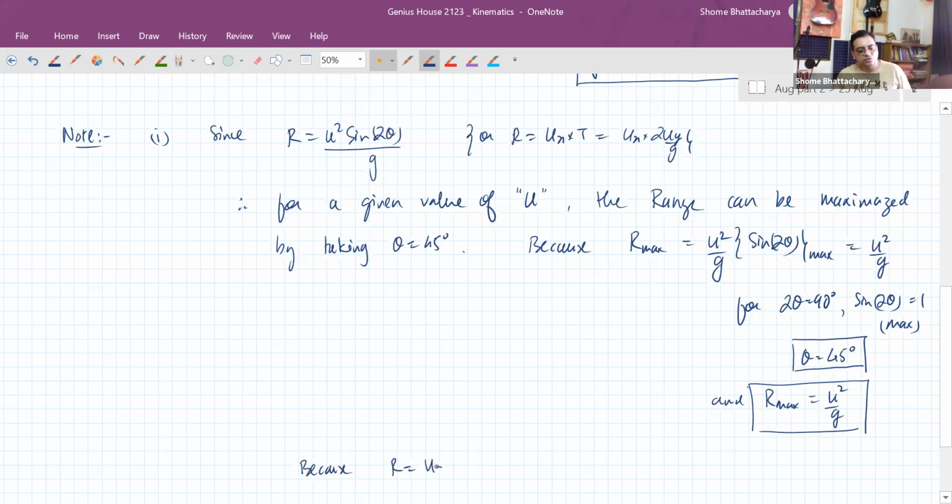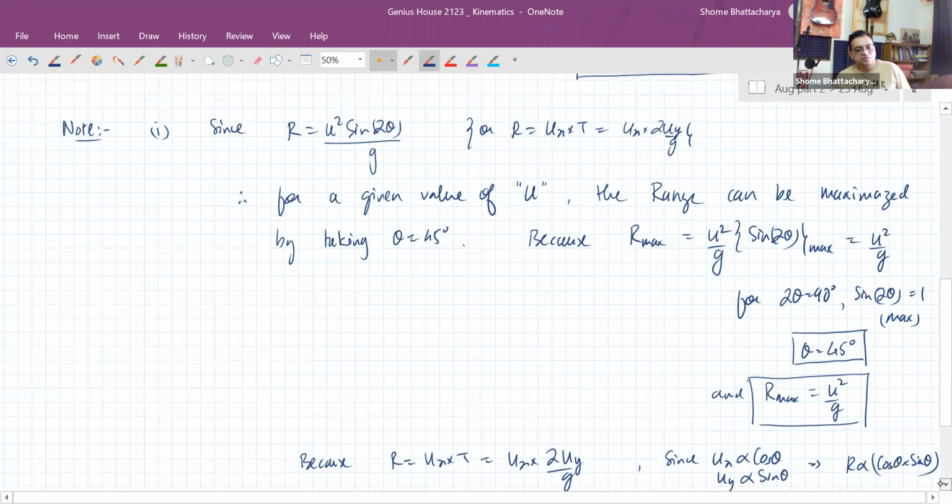It's happening because range is equal to ux into time of flight, or ux into 2uy by g. So the product of these two things is maximum, because one depends on cos theta, one depends on sin theta. Since ux is proportional to cos theta and uy is proportional to sin theta, the range is proportional to the product of cos theta into sin theta.